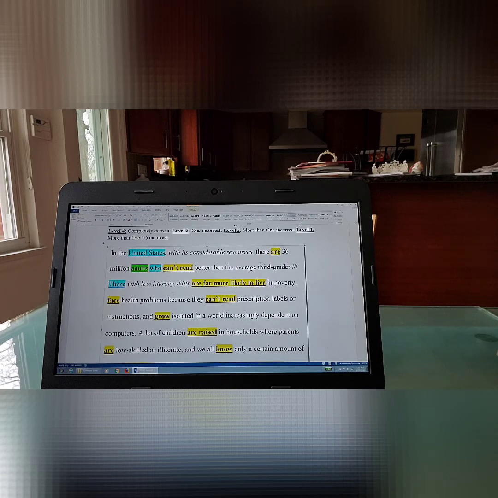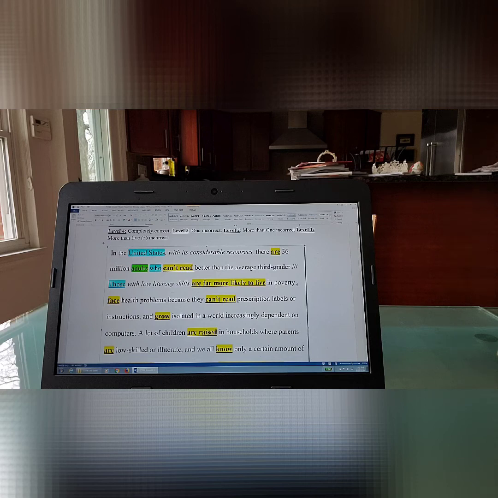Concise meaning limited. But you also want to make sure that you include all the details. How do you make sure you include all the details? Well, if there are 4 verbs, you pretty much know there are 4 details, right? Okay. So it says those with low literacy skills are far more likely to live in poverty.